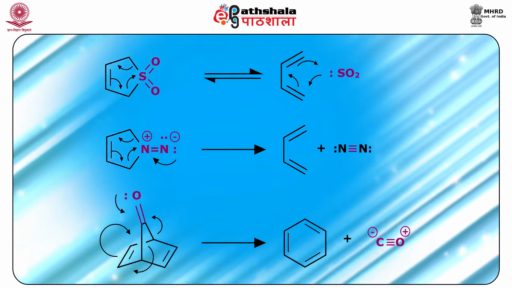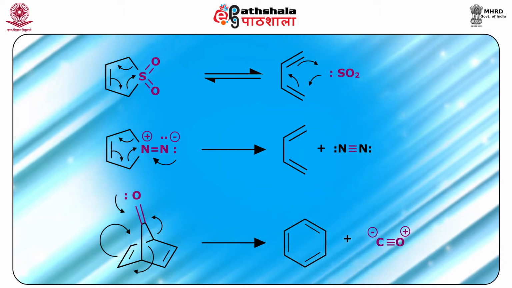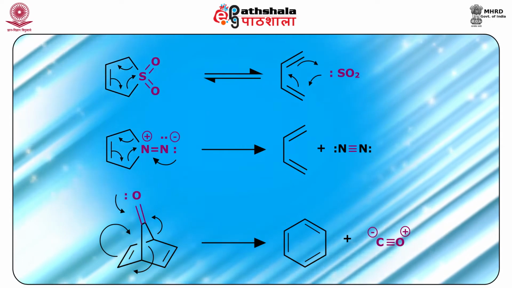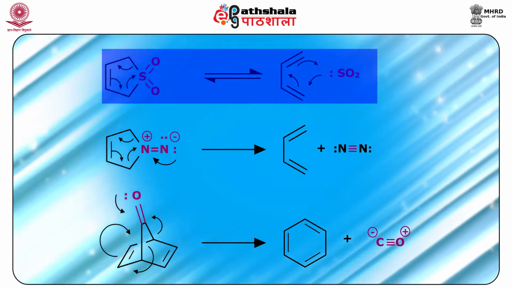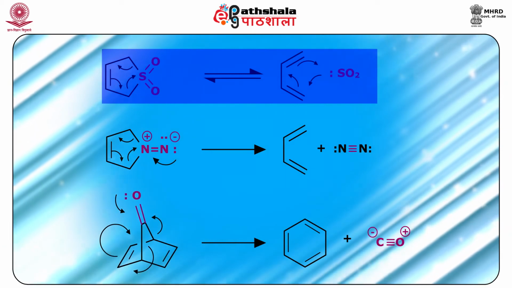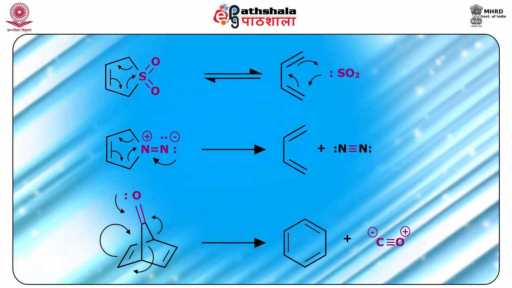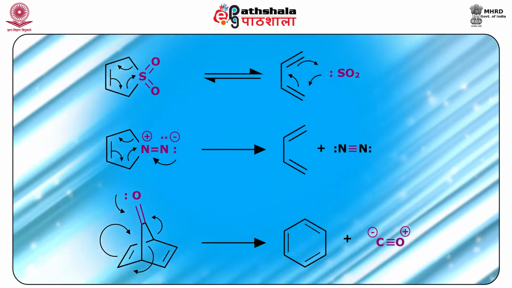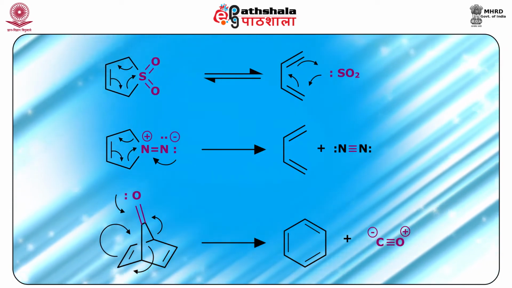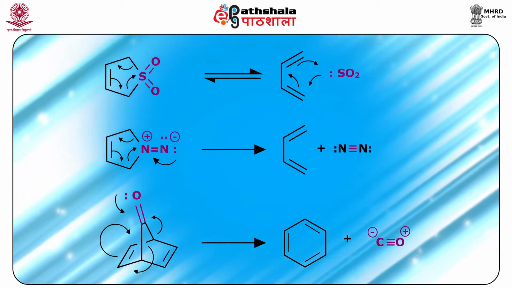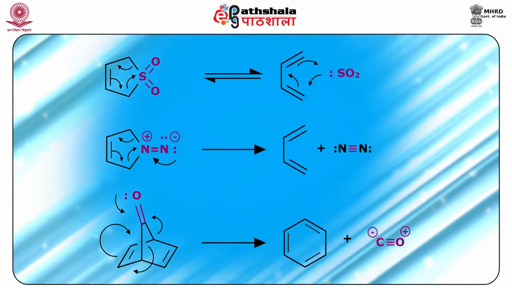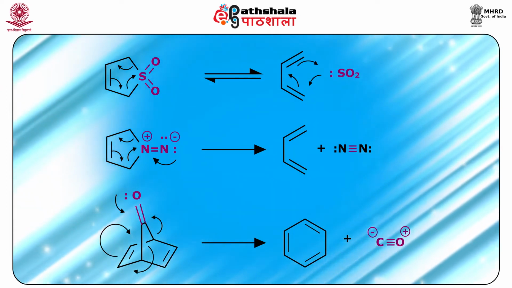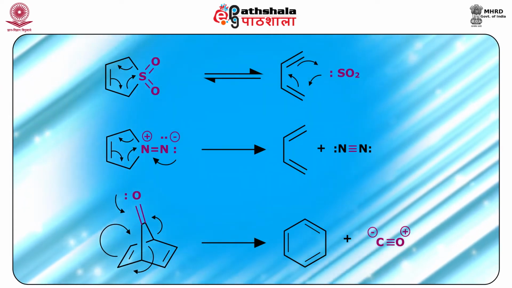A few illustrative examples of cheletropic reactions are shown. The above reactions present examples of cheletropic addition, that is the first reaction, as well as cheletropic extrusions, because a small stable molecule is given off in the reaction, as you can see in the second and third examples. The driving force for cheletropic extrusion reactions is often the entropic benefit of gaseous evolution.